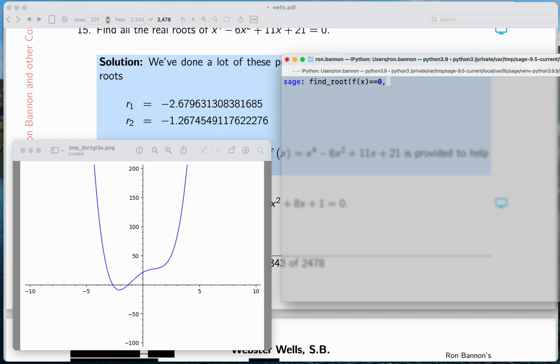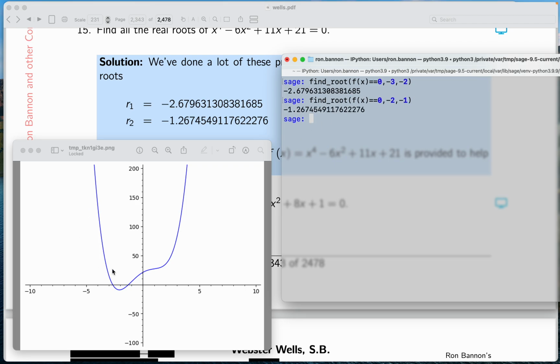Whoops. Minus 2.6. You get the idea. I got the answer listed. The other root appears to be between minus 2 and minus 1. Let's put that down. And what do you get there? Yeah, what you expected, all right?